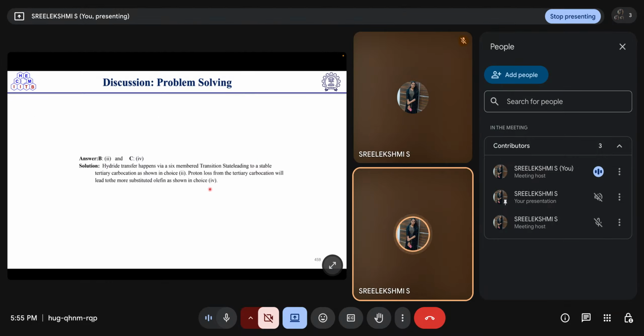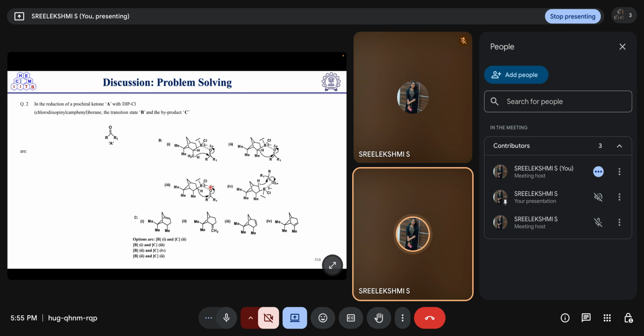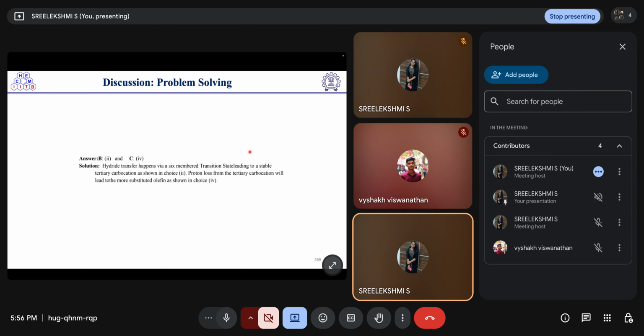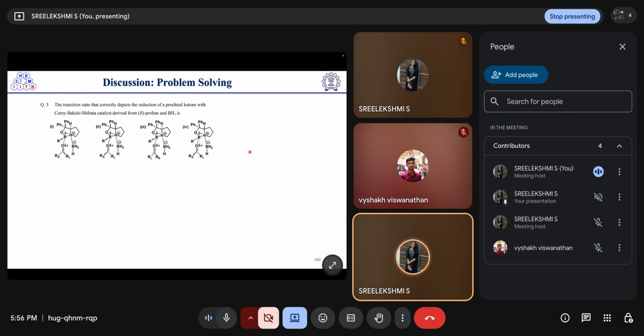Now considering the byproduct, the proton loss from tertiary carbocation will lead to a more substituted olefin. So if it is going through this one, it will be leading to the more substituted olefin. So the correct answer would be option 4. So B 2 and C 4. So that is the correct answer.